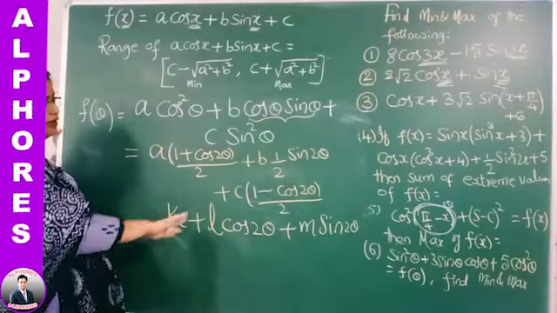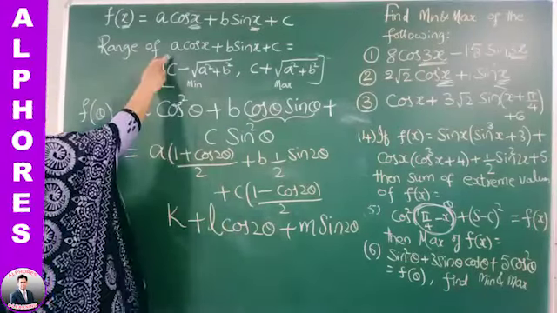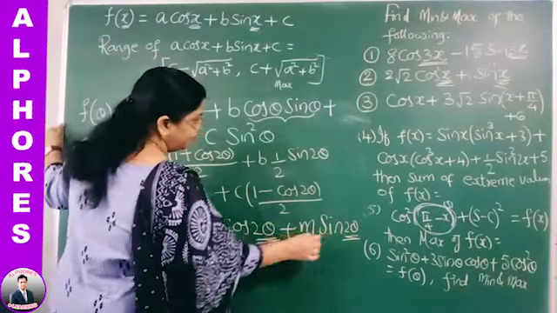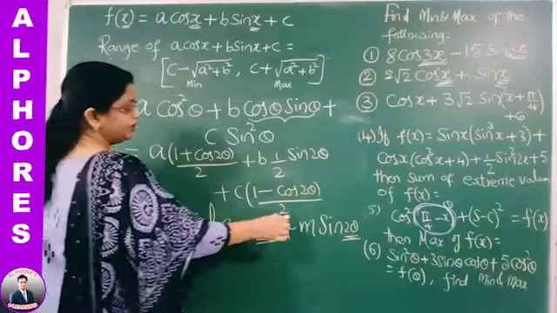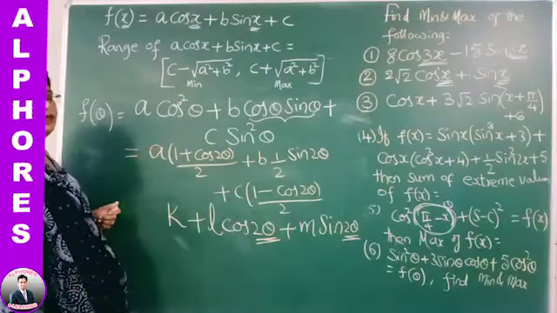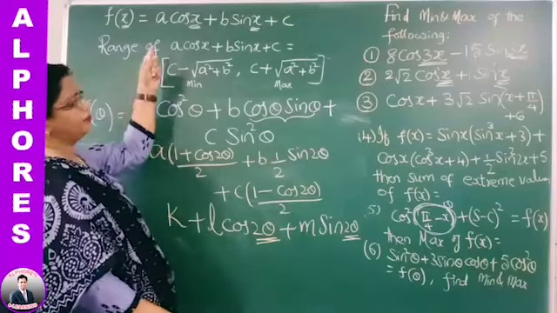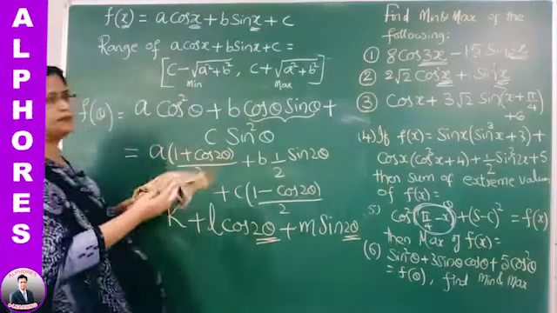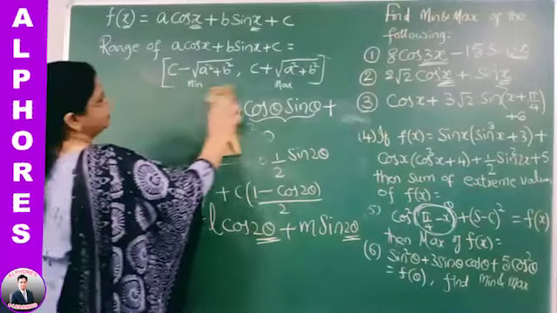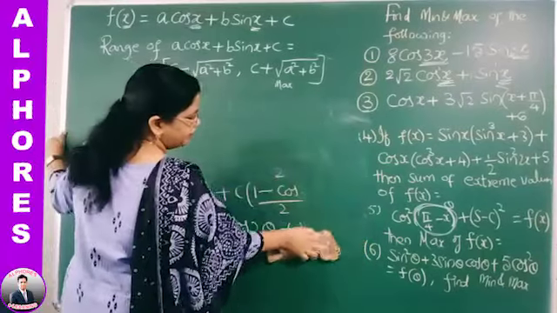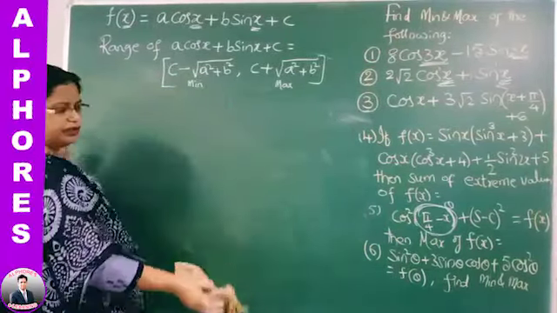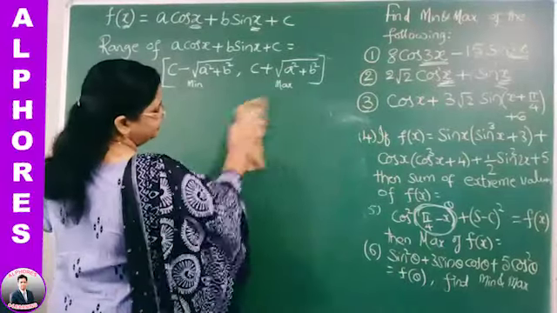Finally you got the entire value in our standard form, that is, the angles are one and the same, and cos degree is 1, sin degree also 1. Therefore you can simply make use of the concept of a cos x plus b sin x plus c. Now let's have a glance at this particular problem. So whenever you get a cos square plus b sin square etc., nothing to worry, again you can reduce it to one of our standard forms.